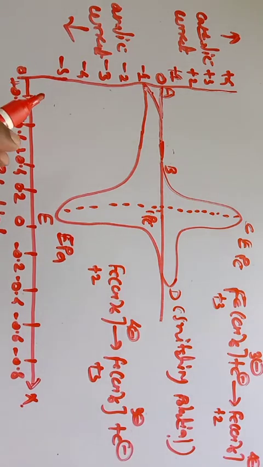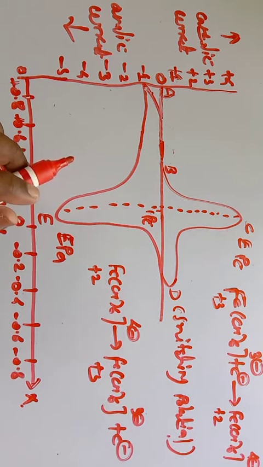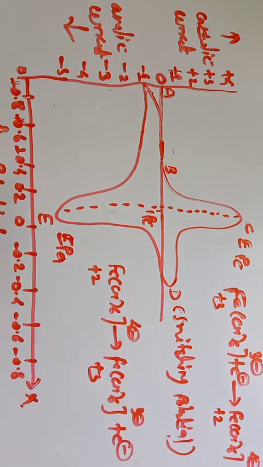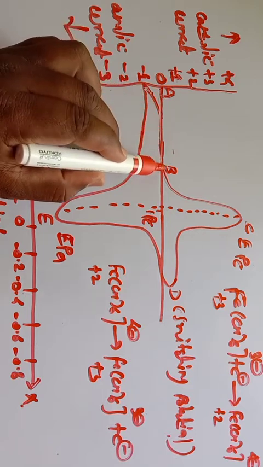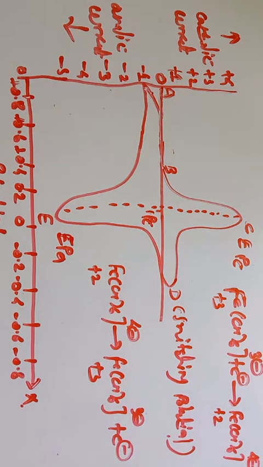The second point is that no current is observed between the potential of plus 0.7 volt to plus 0.4 volt, that is, up to point B. No current is observed because no oxidizable or reducible species is present in this potential range.